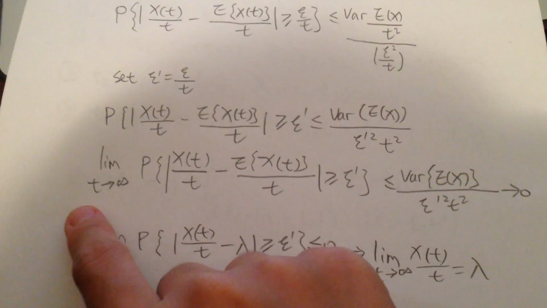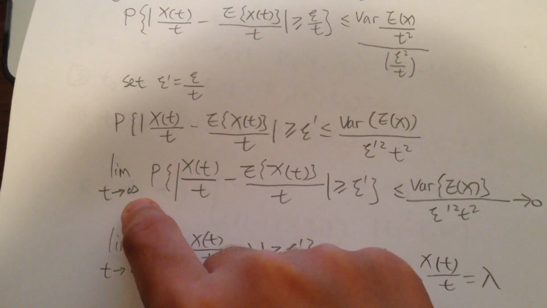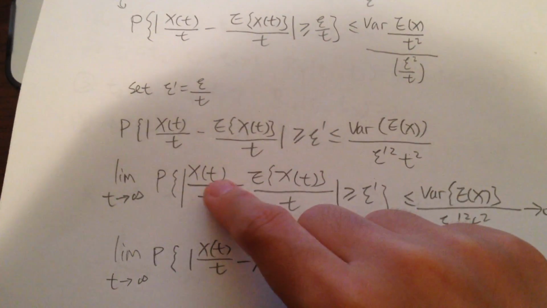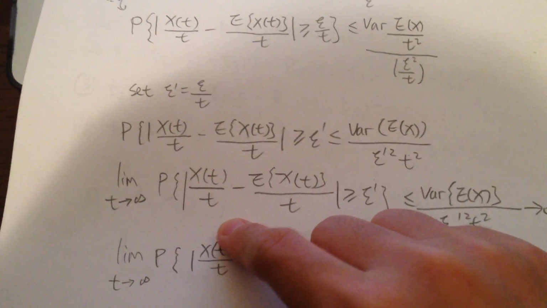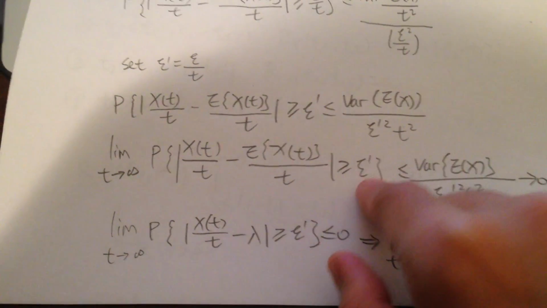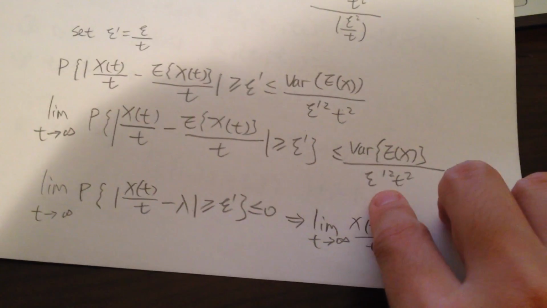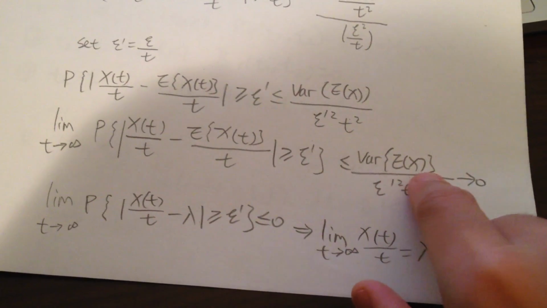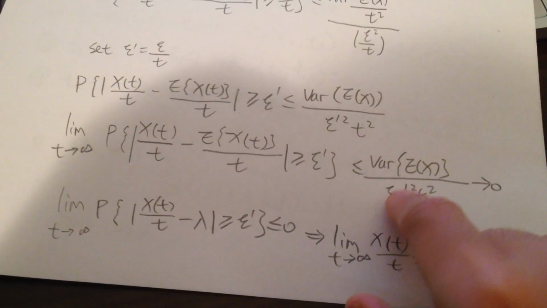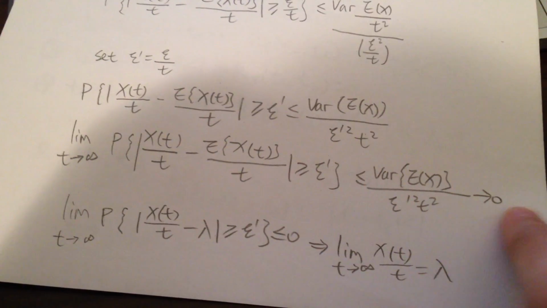And then if we take the limit as t approaches infinity, the probability of X(t) divided by t minus the expectation of X(t) divided by t greater than epsilon prime should be less than the variance of X(t) divided by epsilon prime squared times t squared, which equals 0.